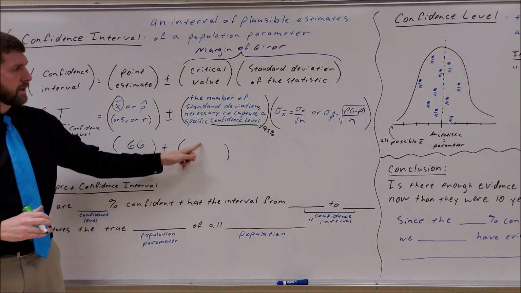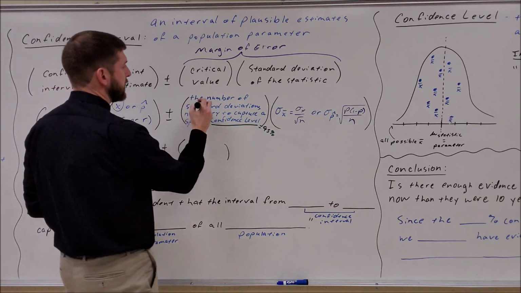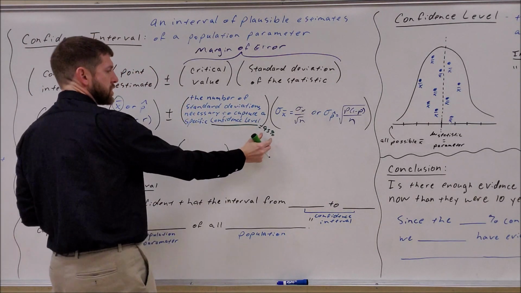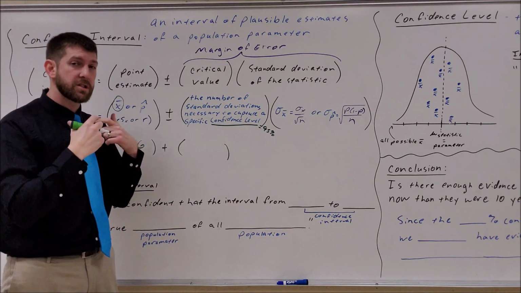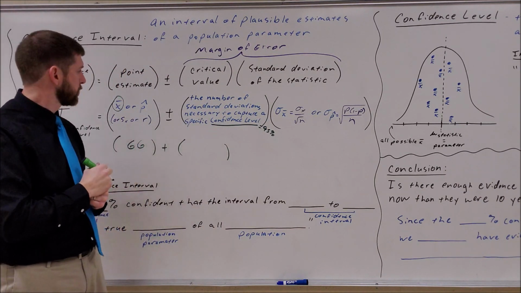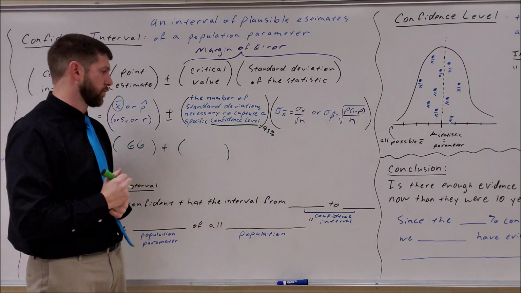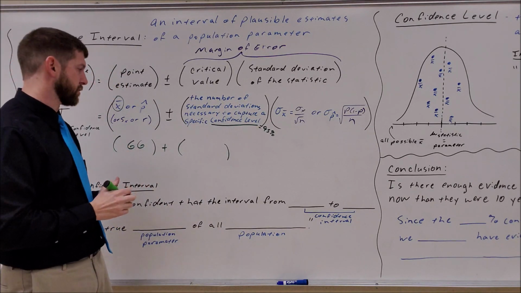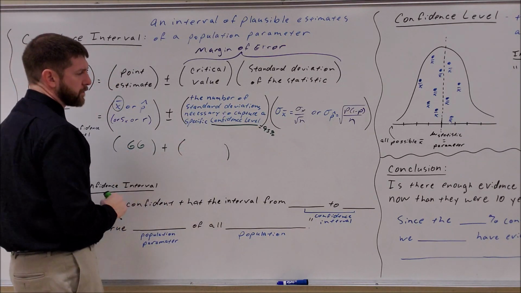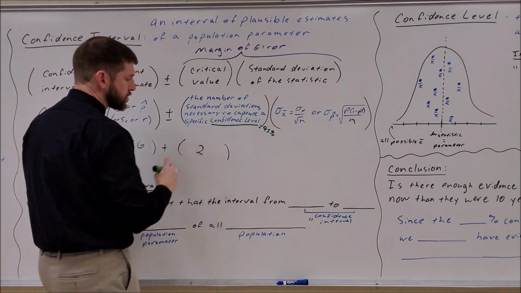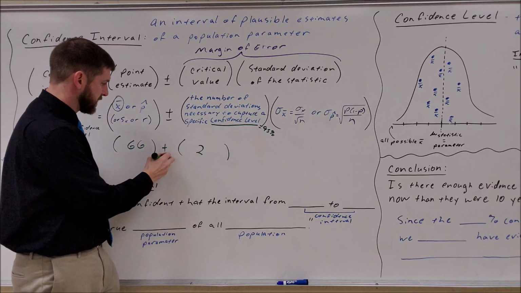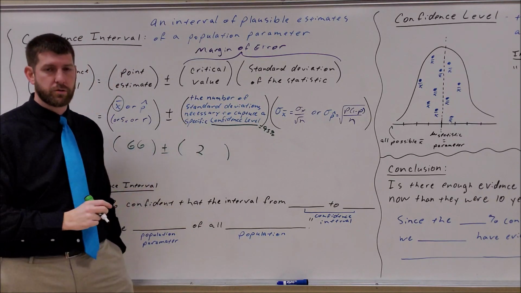So how do I get the critical value? How do I get the number of standard deviations that would block off a 95% confidence level? This is just going back to what we did with our normal distributions, and that's why we like normal sampling distributions. To get a 95% confidence level, I would have to go within 2 standard deviations of the mean. That's the plus or minus 2 standard deviations.